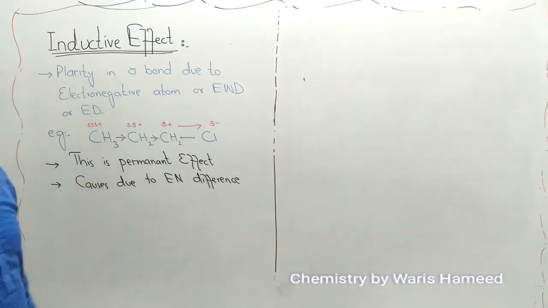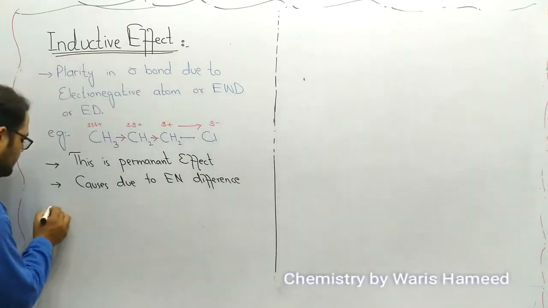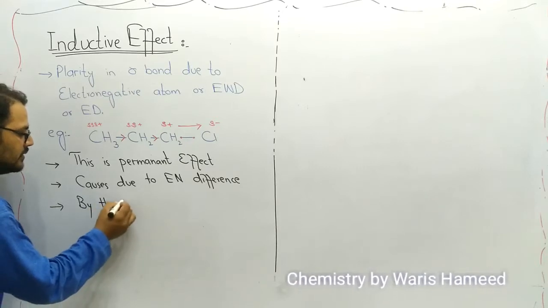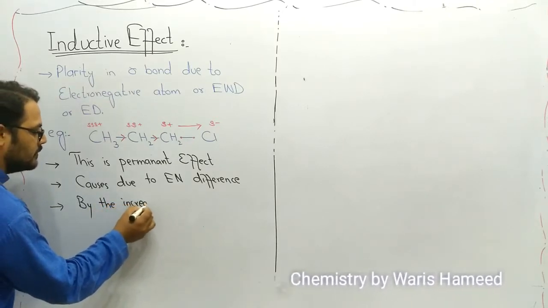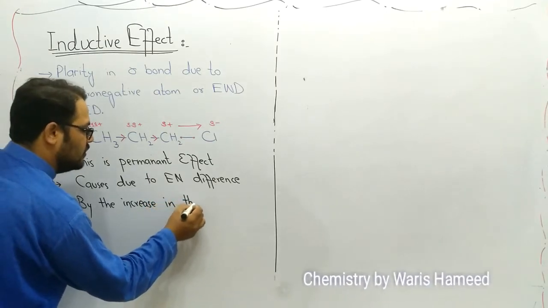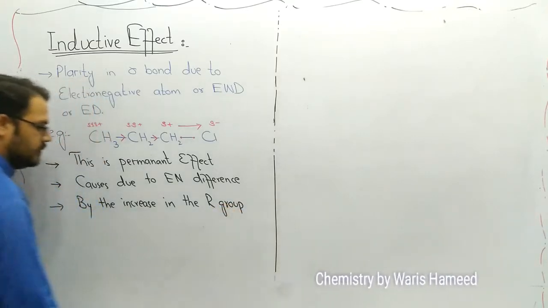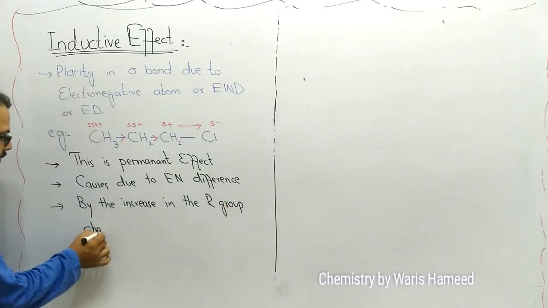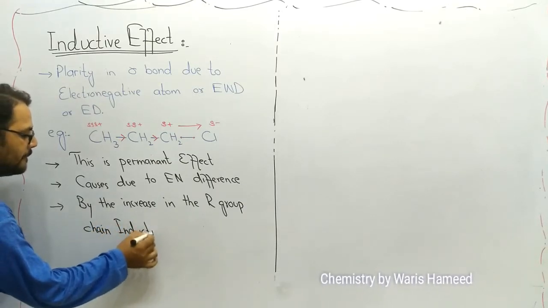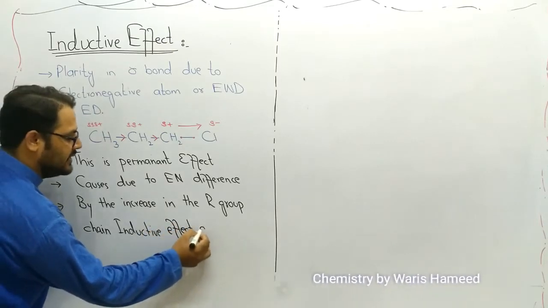When the chain of any alkyl group increases, the inductive effect decreases. We can write it as: by the increase in the alkyl group chain, inductive effect decreases.